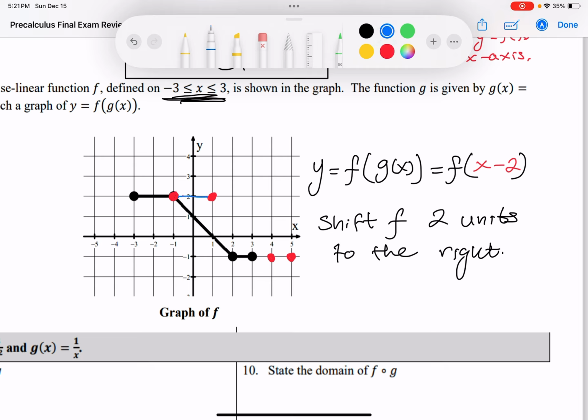And then graph. And so this graph right here is y equals f of g of x. That is how you sketch the graph f of g of x.